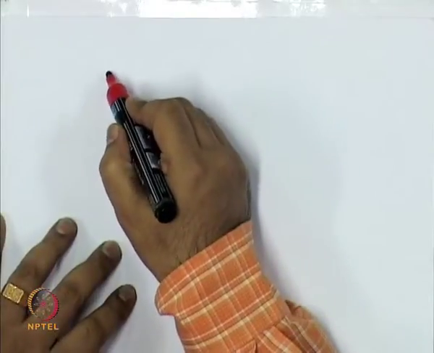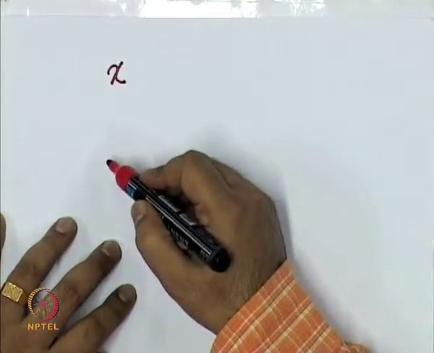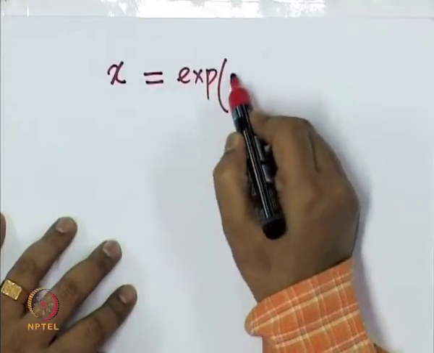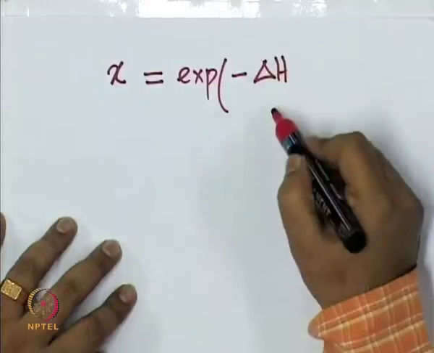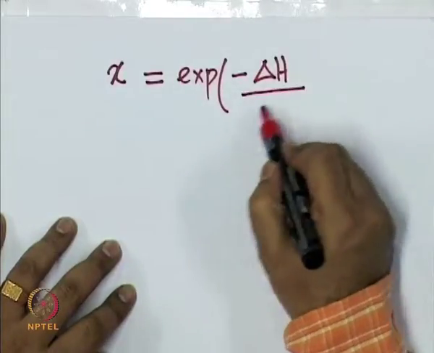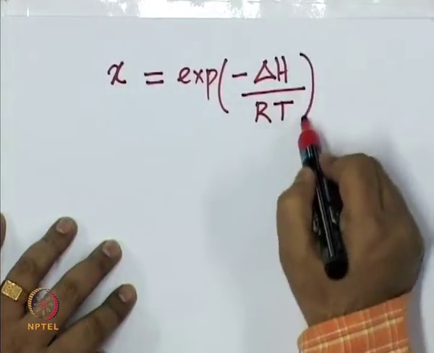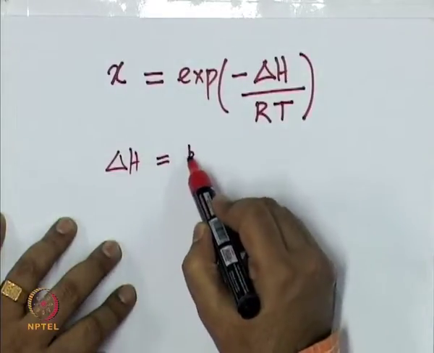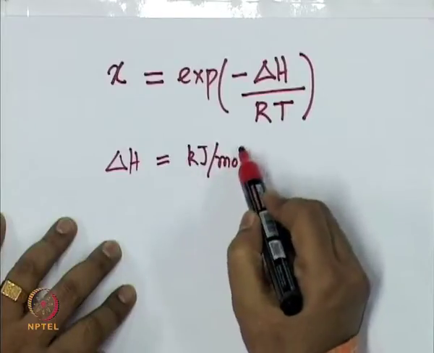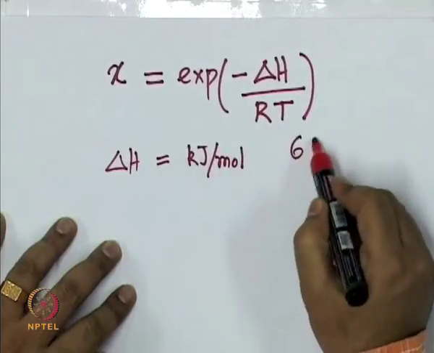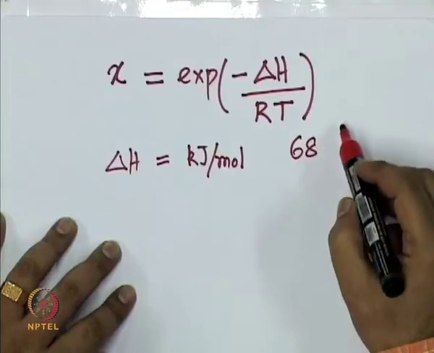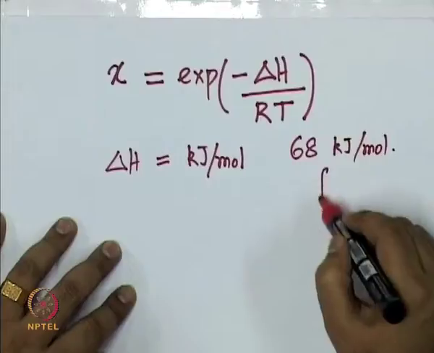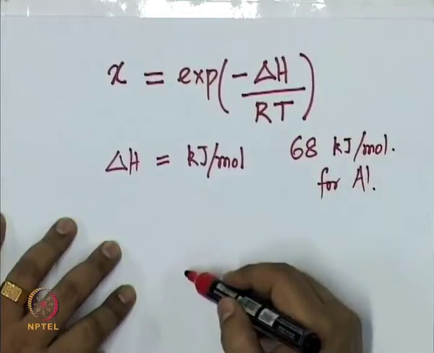The vacancy concentration in a material is given by exponential of minus delta H for vacancy formation divided by RT, where delta H is given in kilojoules per mole, and let us say that this is 68 kilojoules per mole in the case of aluminum.